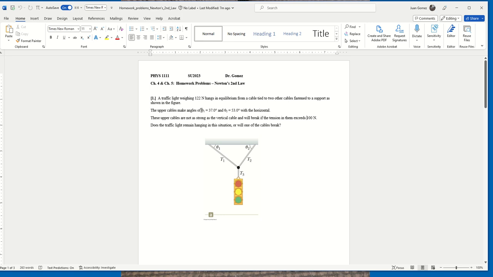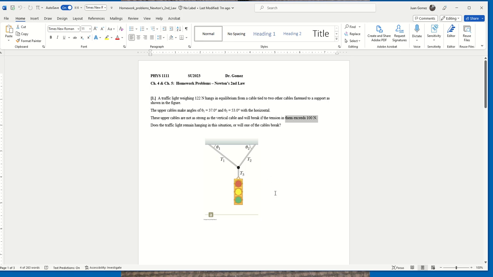So theta 1 is 37 degrees, theta 2 is 53, and we know that the traffic light weighs 122 newtons. When we say an object weighs a certain number of newtons, what we're saying is mg equals 122 newtons for the traffic light. And then the upper cables will break if the tension in either one of them exceeds 100 newtons.